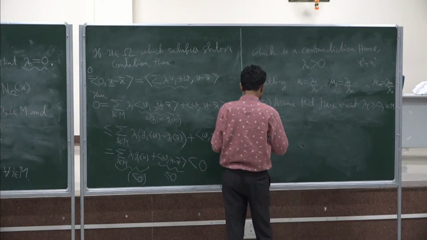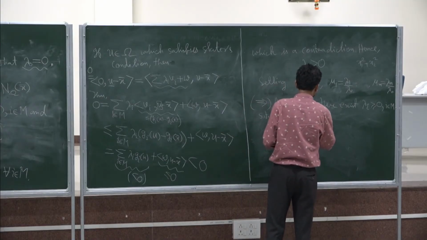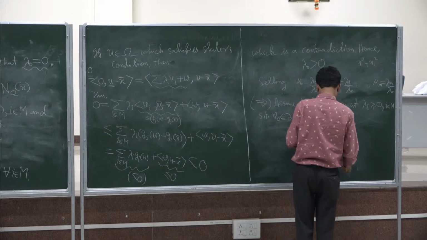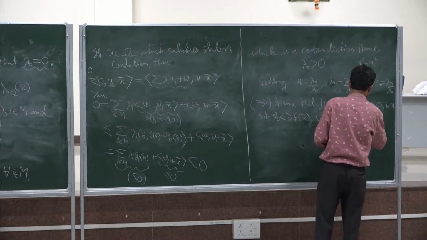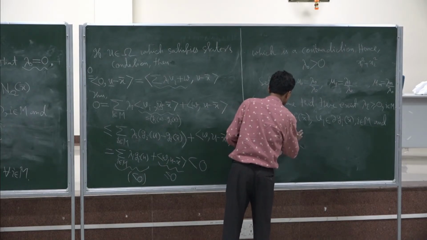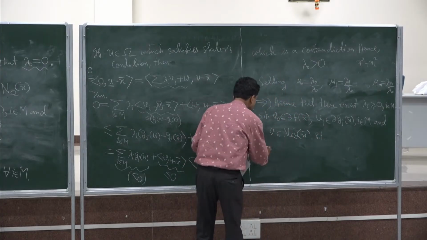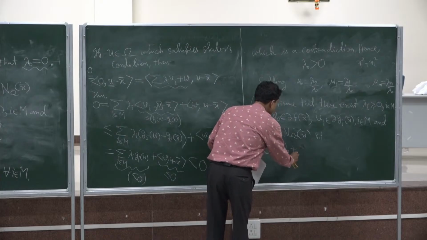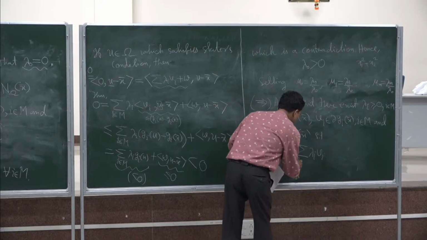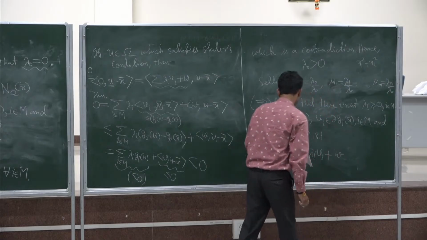So now we assume that there exists v naught in the subdifferential of f at x bar and then v i in the subdifferential of g i at x bar, i in M, and some v omega in the normal cone to omega at x bar, right, such that this condition is satisfied, that is 0 is equal to v naught plus summation lambda i v i, i in M, plus v omega, right.